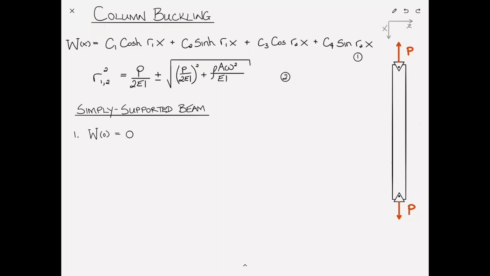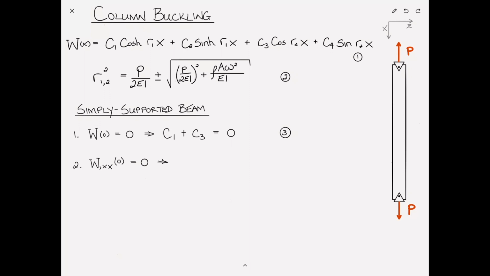So applying boundary condition 1 to equation 1 gives us C1 plus C3 is equal to 0, since the other two terms cancel out. We'll call that 3. Then the second boundary condition: at x equals 0, we know that the moment is 0. Therefore, the curvature of the beam is 0, W comma xx of 0 is equal to 0.